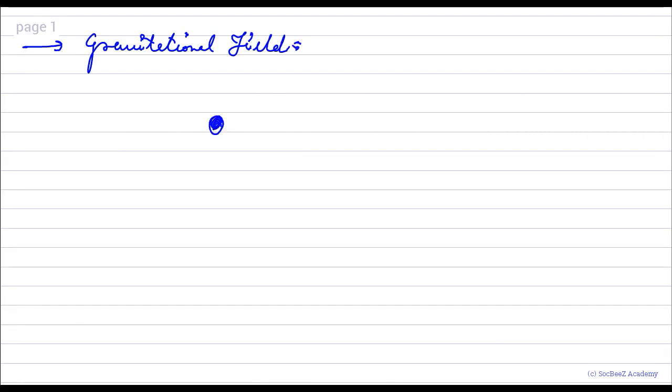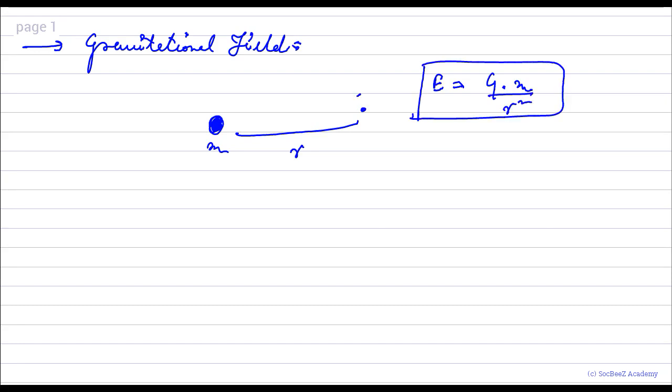Let us talk about gravitational fields. Now if I have a body which is of mass m, the gravitational field at a point r from this body is going to be defined as G into m upon r square. This gravitational field is actually going to be directed towards the body.